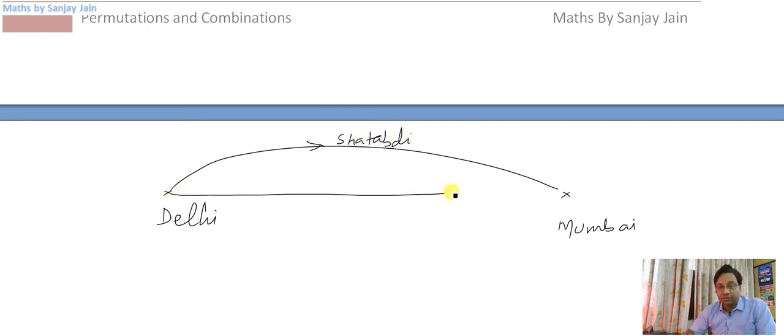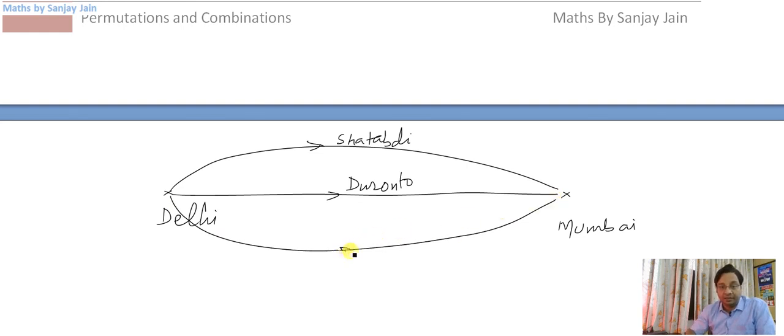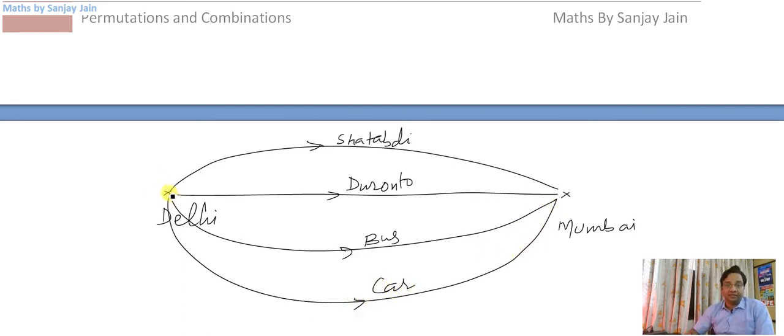You can choose Duronto Express. You have another option to travel by bus. Then you have another option to travel by your car. And let us take one more option. You may travel by an aeroplane.